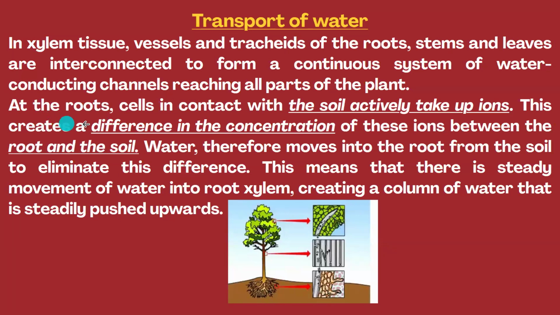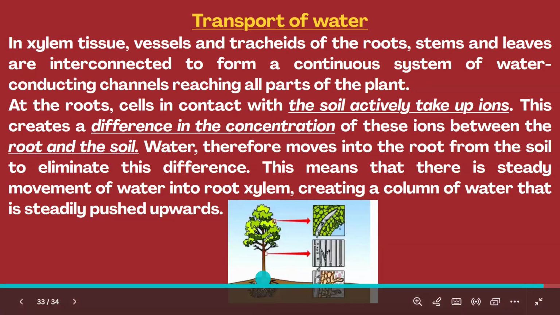And at the roots, the cells in contact with the soil actively take up ions. So what is the purpose of taking these ions? This creates a difference in the concentration of these ions between the root and the soil. Now, what would be the result if the ions are very high somewhere and very low elsewhere? There is a higher percentage of ions here and a lower percentage here.